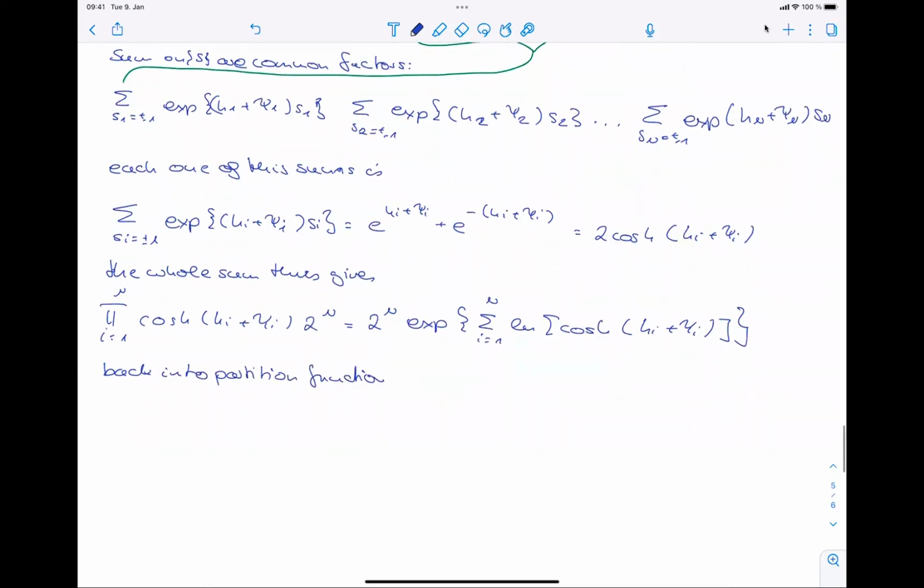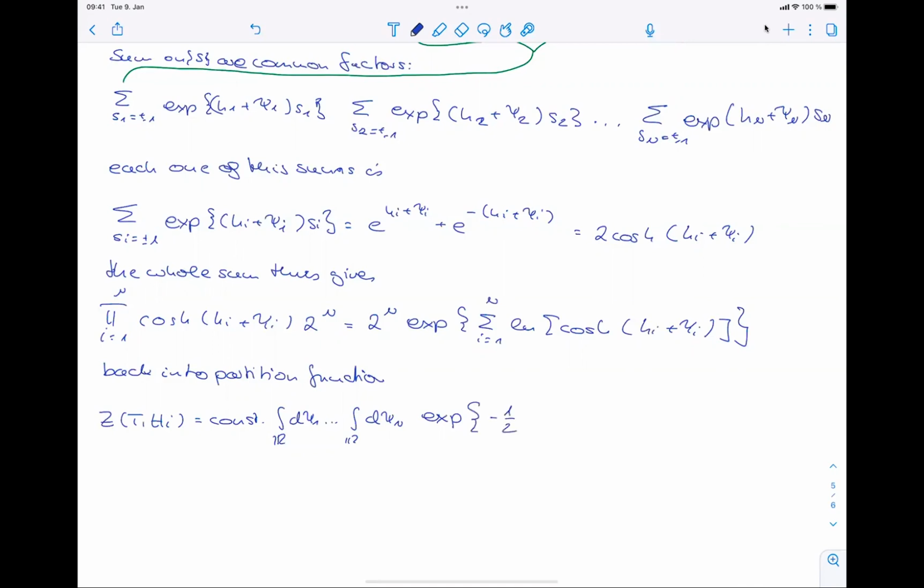We then arrive at Z equals a constant times the integral over psi_1 through psi_n. And now you see why I transformed it into this exponential description, because now I can write these terms next to each other.